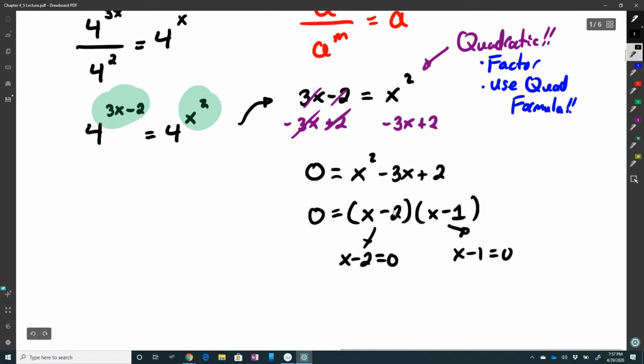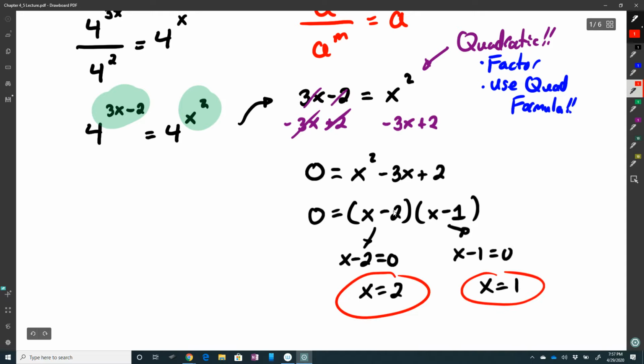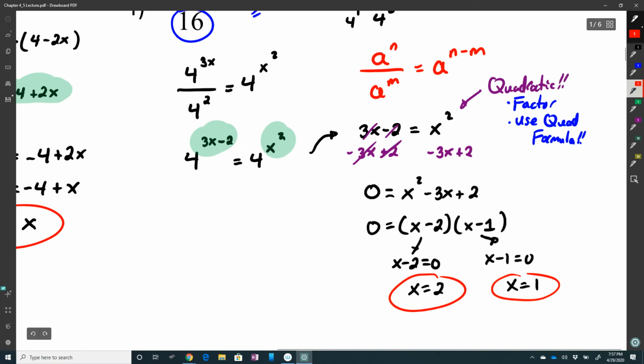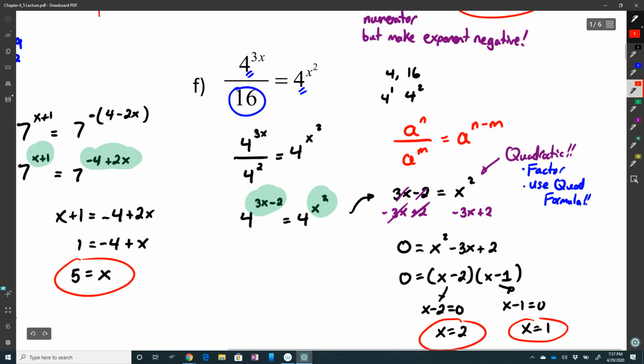So x equals 2 and x equals 1. We have two solutions. Okay, so notice that we started with an exponential. It was divided by 16, so we used the division rule for exponents, where you subtract the exponents. And then, once they're the same base, you set them equal to each other. But unlike before, where it was linear, this one's a quadratic, so you got to get 0 on one side and factor.